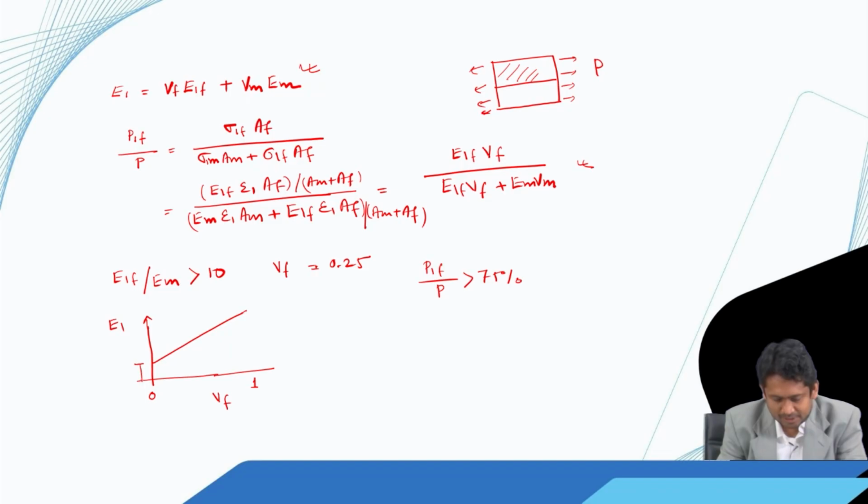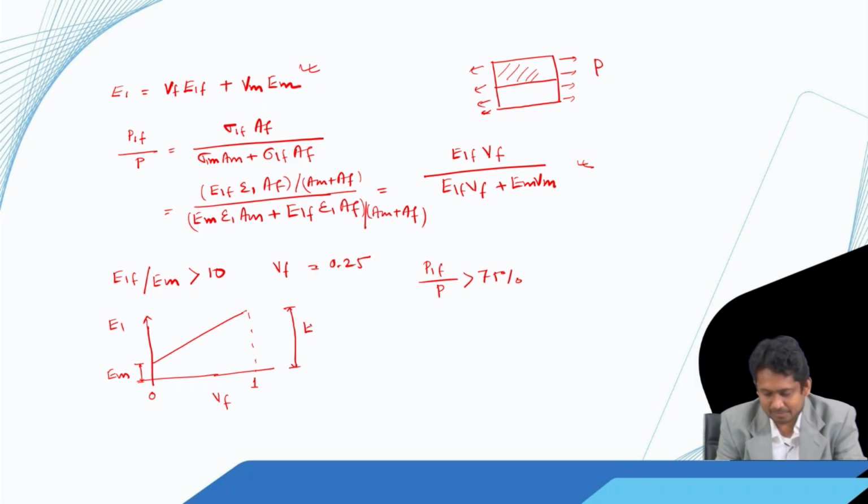When there is no fiber, that means the fiber volume fraction is 0, only the matrix contributes, that is one extreme. The other extreme is when there is no matrix and the entire thing is fiber. In that case only the fiber contributes, and in between them there is a linear variation.